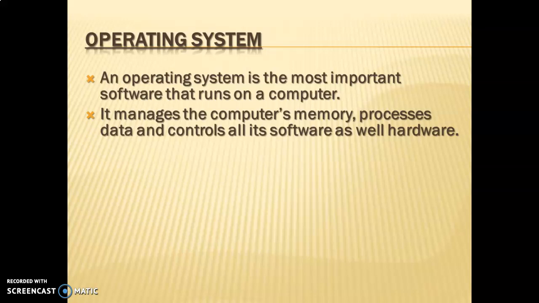Like when you are moving the mouse, it is because the mouse software is installed in your operating system. You work with the help of the keyboard, because the keyboard software is there in your computer system. Computer's memory, hard disk, RAM. Process data, CPU. So the CPU works with the help of the operating system only.